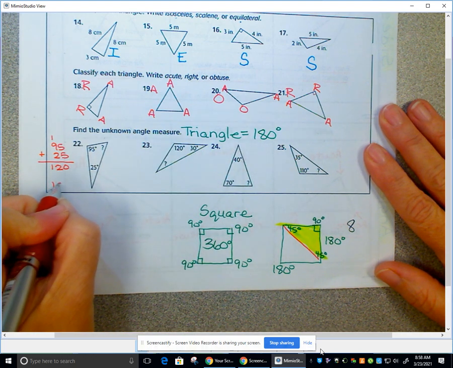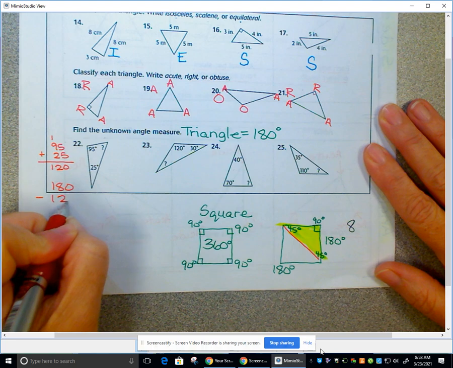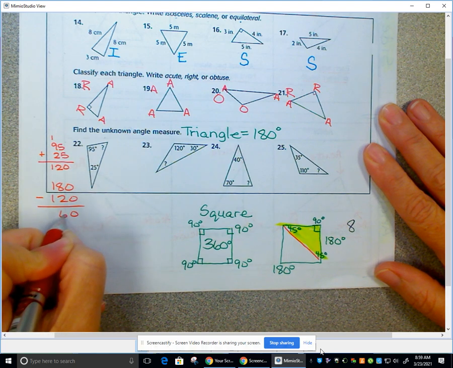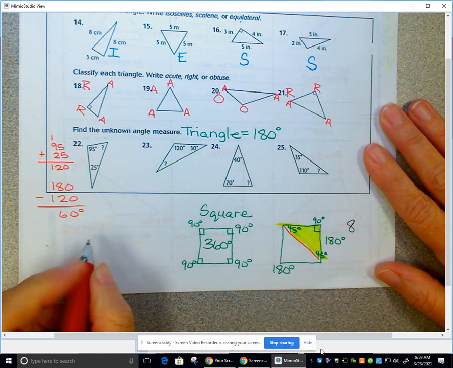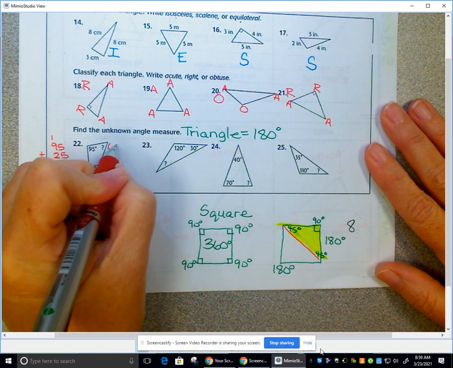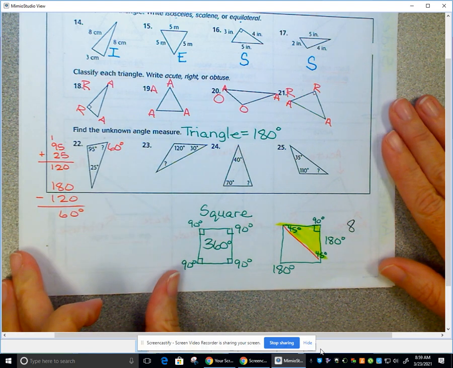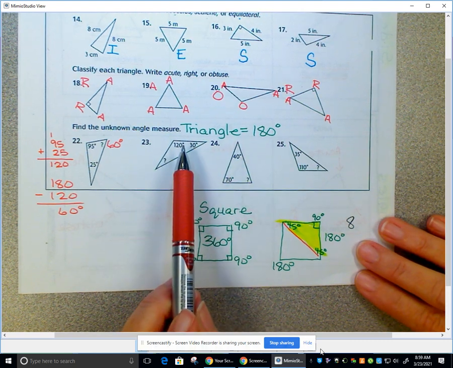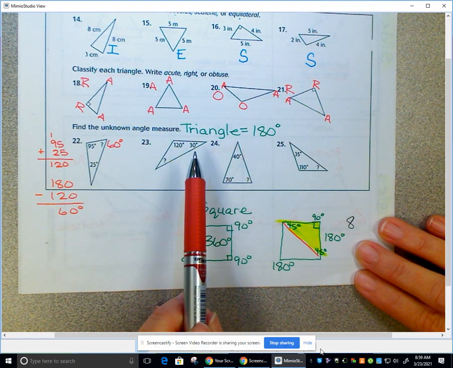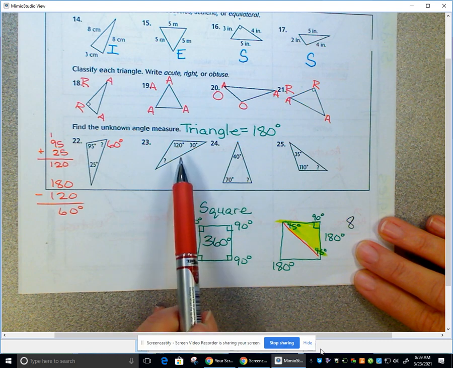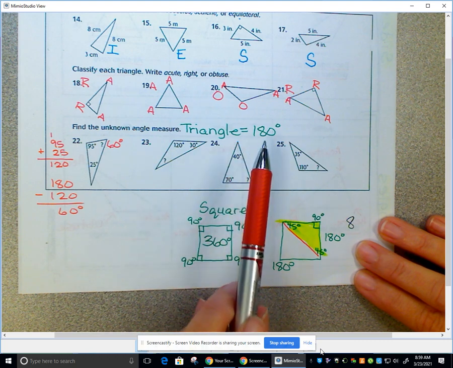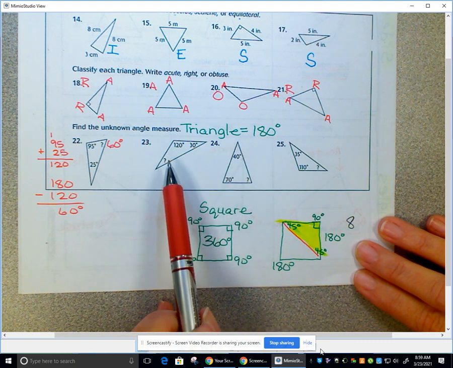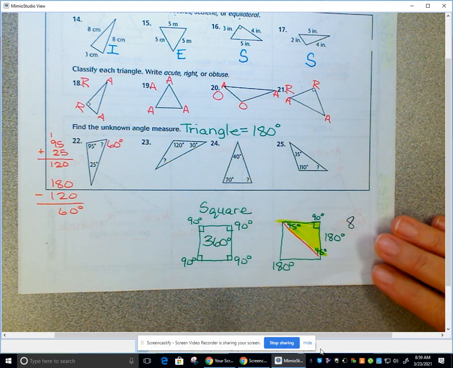So if I say 180 minus 120, that gives me 60 degrees. So the missing angle is 60 degrees. That's how you'll do all of these. You'll add up what you get and subtract the answer from 180. And whatever's left is what the missing angle should be.